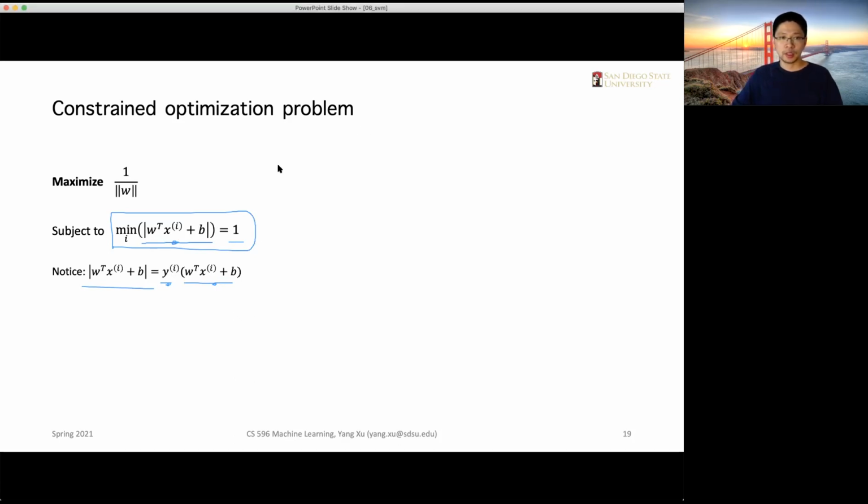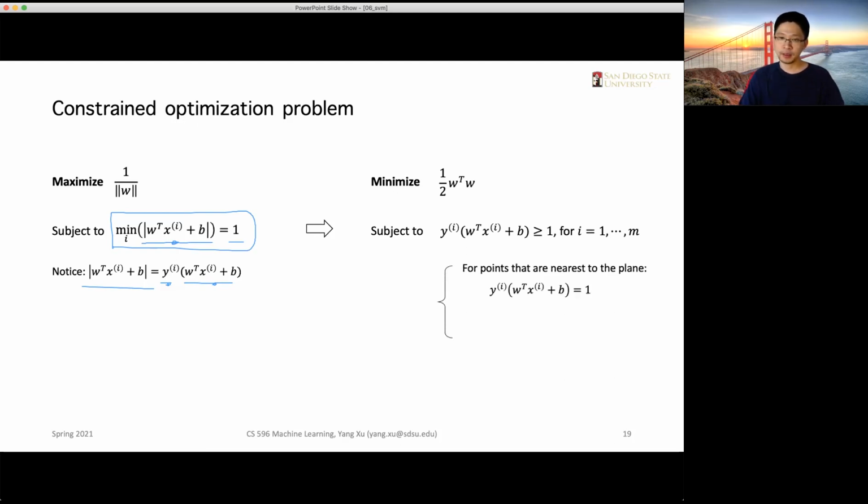We can rewrite the maximization as a minimization by taking the reverse: we minimize the dot product between W and itself. The inequalities are simply that y times the linear expression should be greater than or equal to 1.